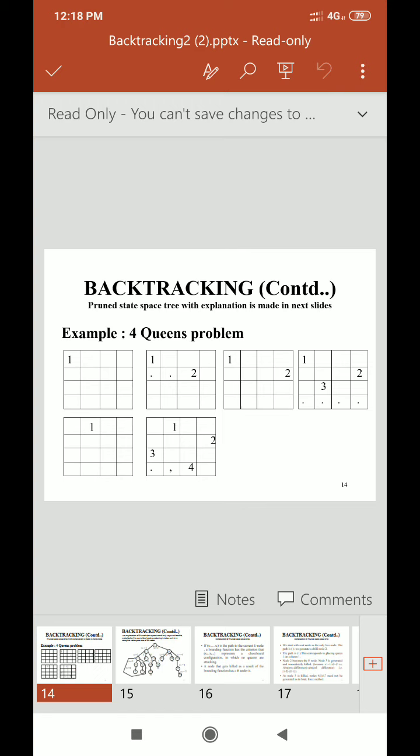That means queen number 1 will be placed in row 1 among the columns 1 to 4, queen 2 will be placed among the columns 1 to 4 in the second row, the third queen in the third row, and the fourth queen in the fourth row among the columns 1 to 4.